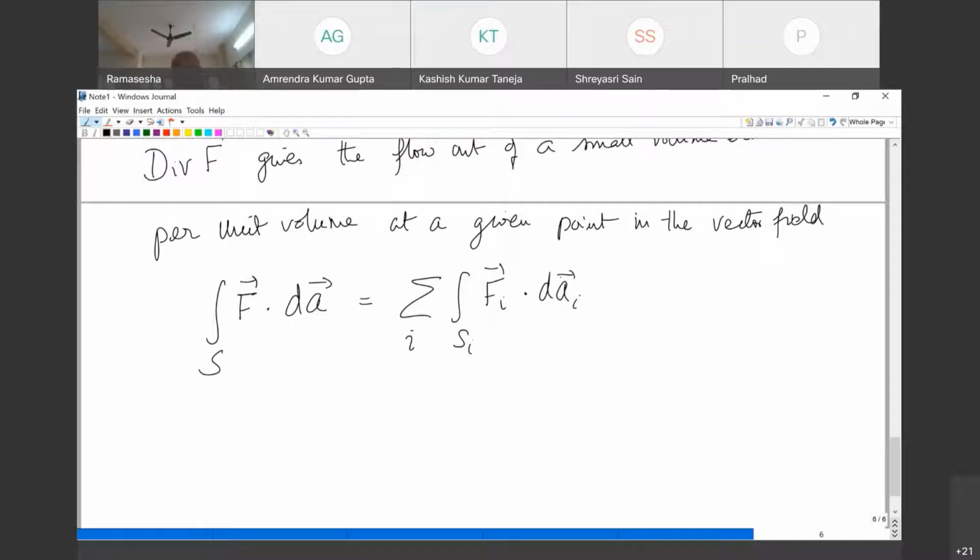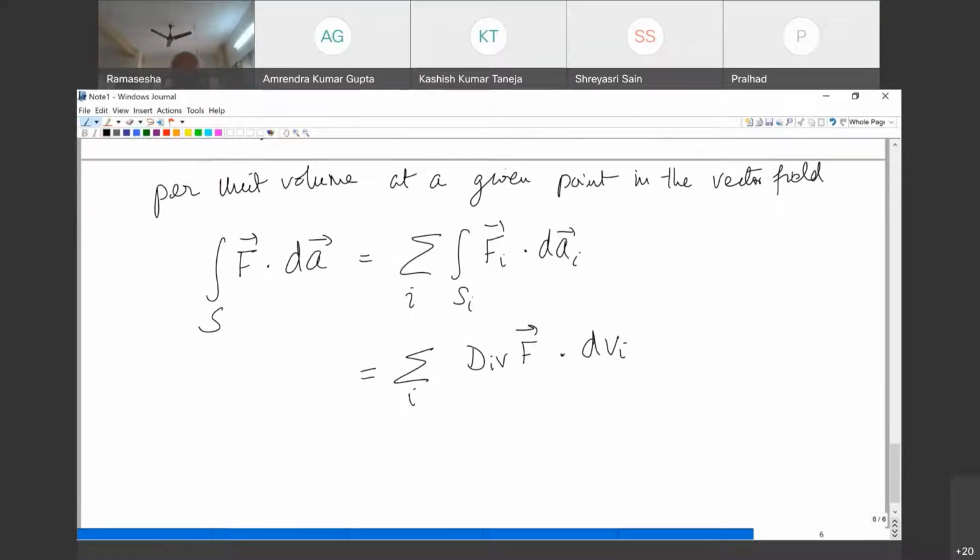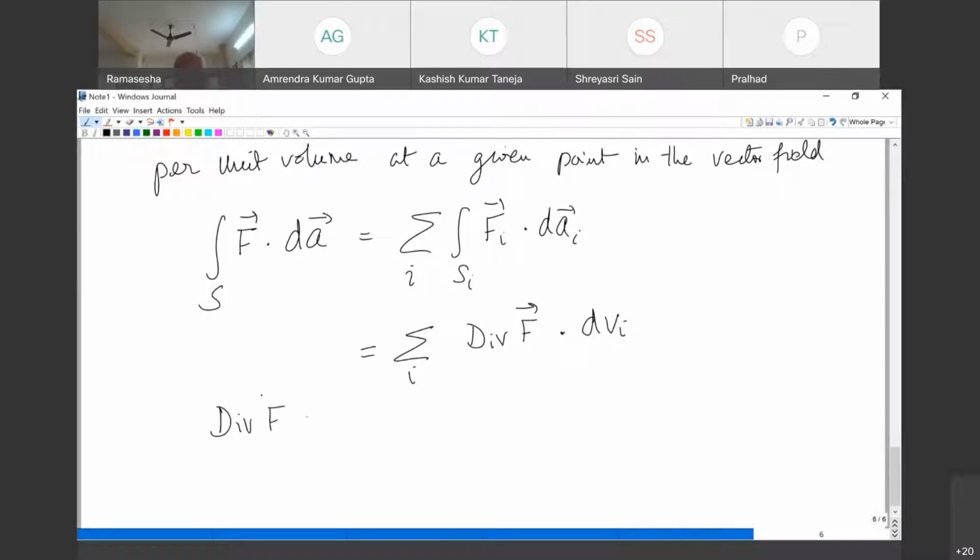This is equal to the sum over i of the divergence of F times dVi, because the divergence of F is equal to the integral over Si of F dot dAi divided by Vi.